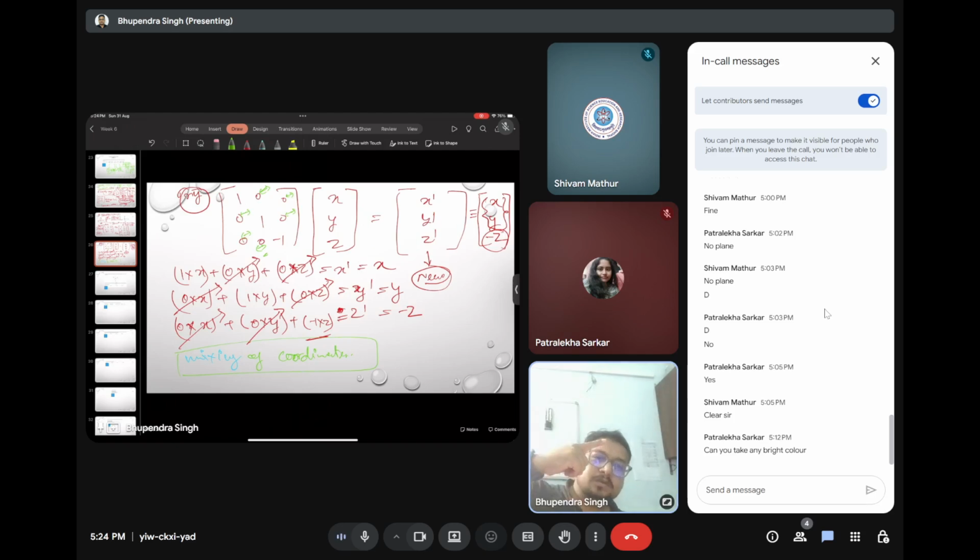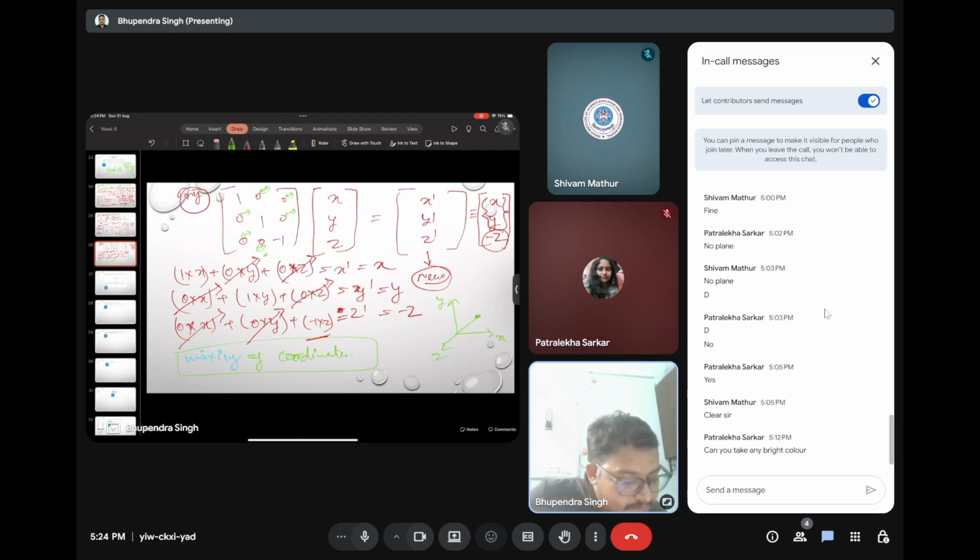The position will not be in the exact x direction, y direction or z direction. Maybe it is in between. Let's say x, y, and z. So this is the point.